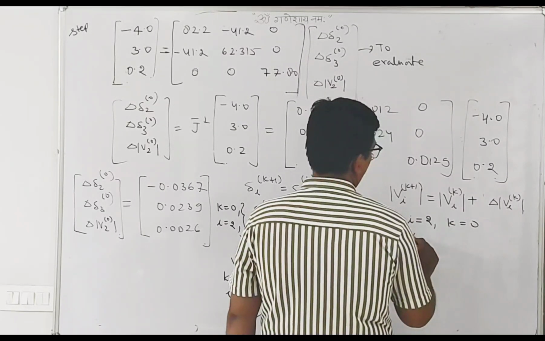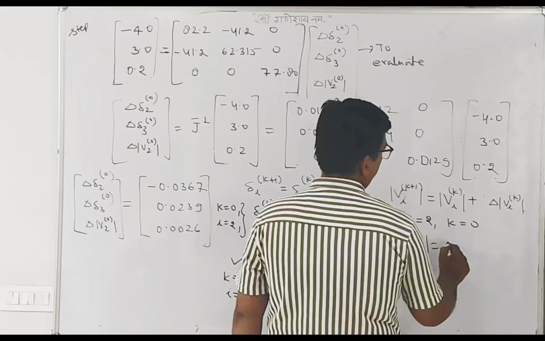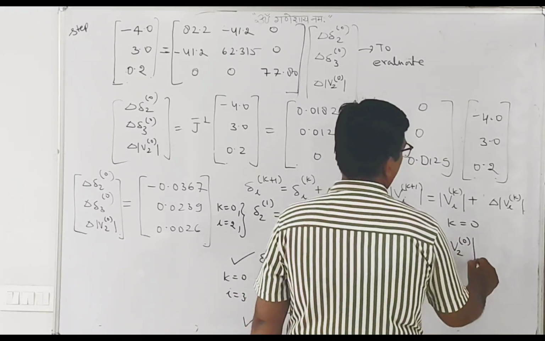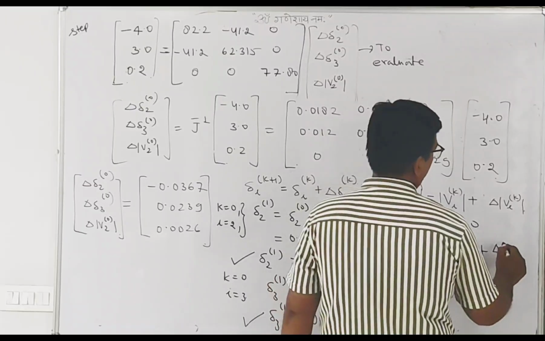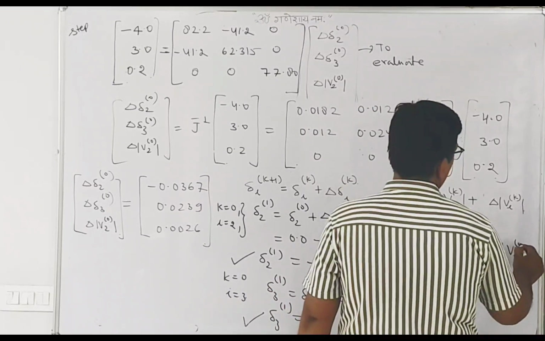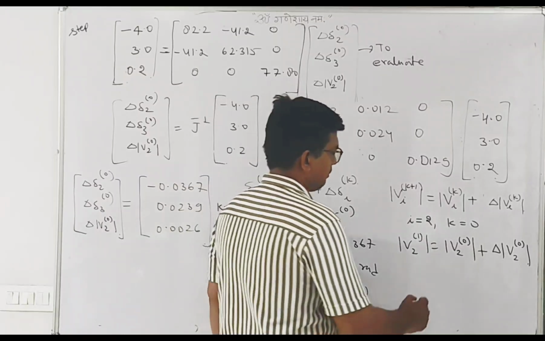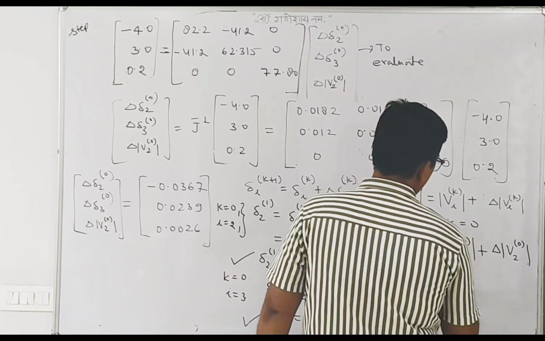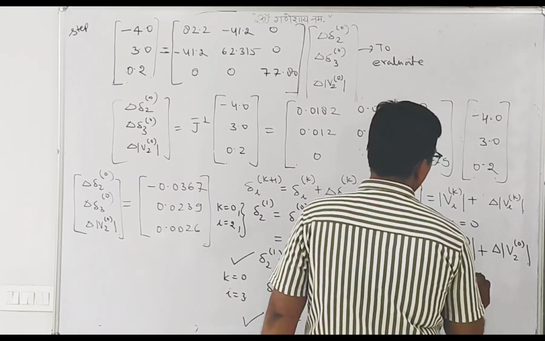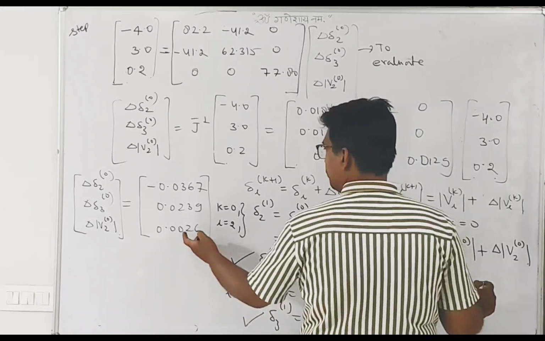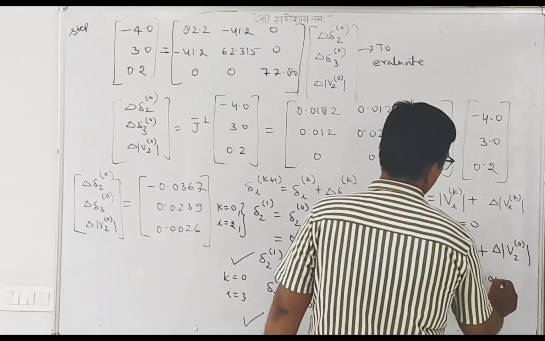Now here again for i equals 2 and k equals 0, what does this become? Mod of V2 1 equals V2 0 plus the change in the voltage that we have determined, 0.0026. What was the initial value of V2? 1.0. Plus 0.0026.